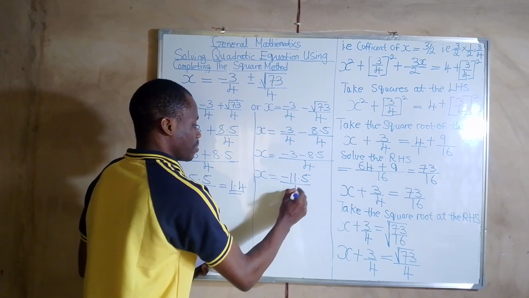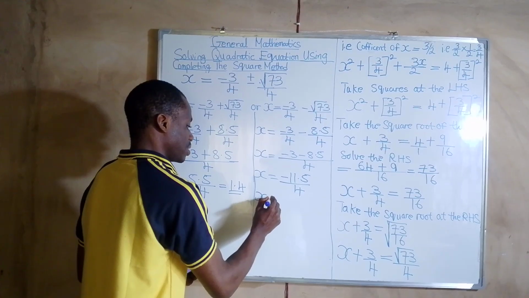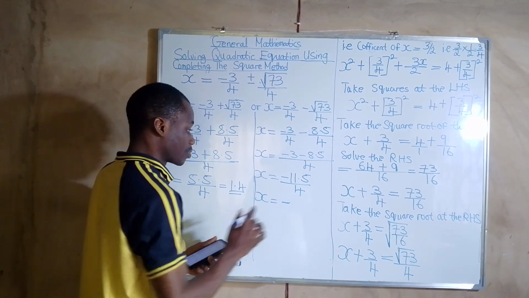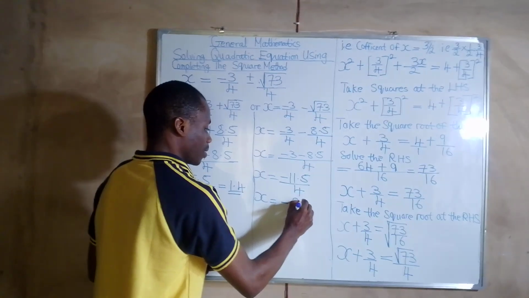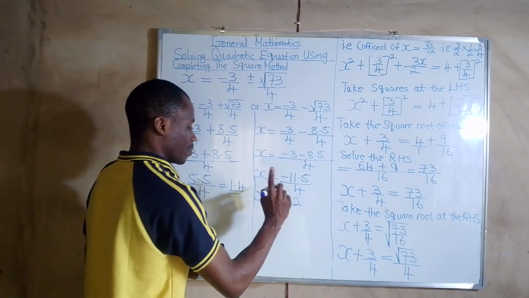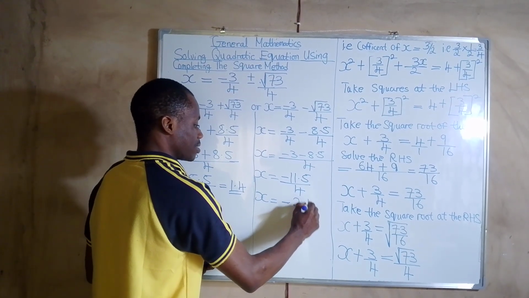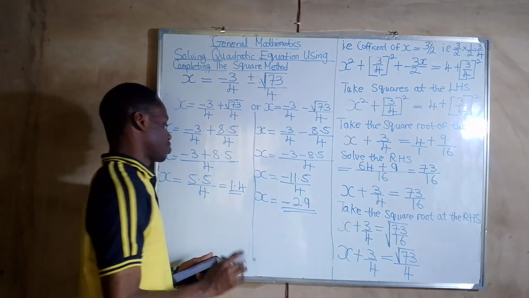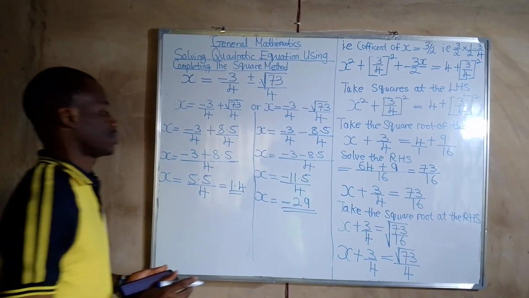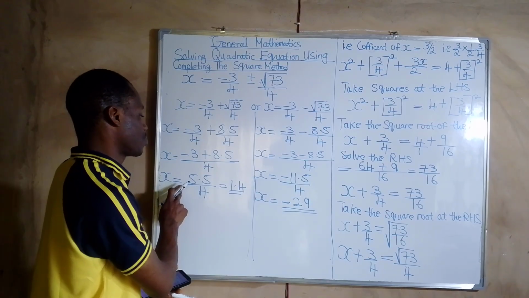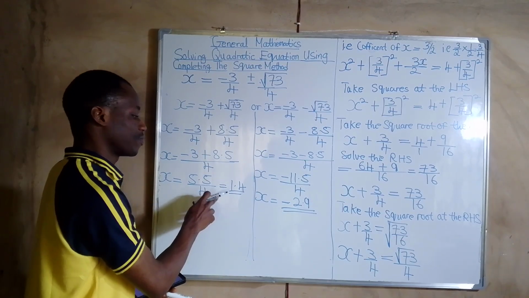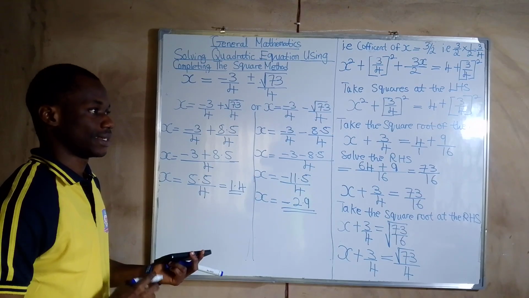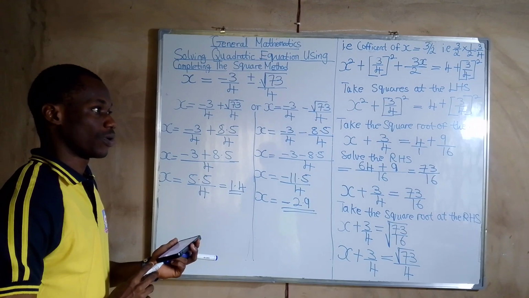Now divide this by 4, so it will still be negative, minus 2.875. To one decimal point, minus 2.9. So you can now see that x is equal to 5.5 over 4, while x is equal to minus 2.9.